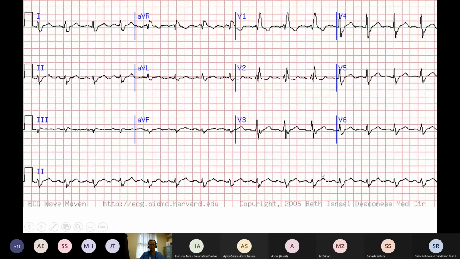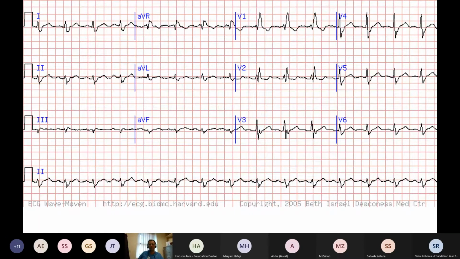Good, so nice and simple. What about this one? What does this ECG show? Having looked for our P waves and our PR intervals, we're then going to have a look next at the QRS.